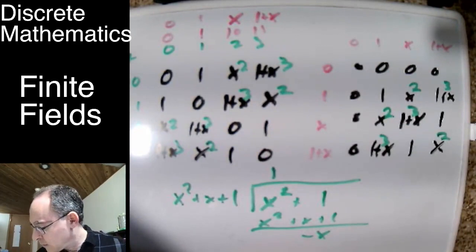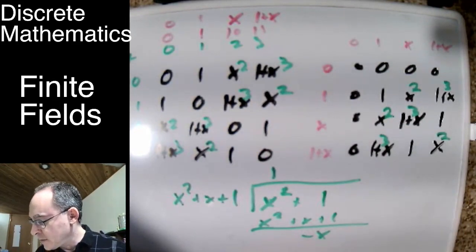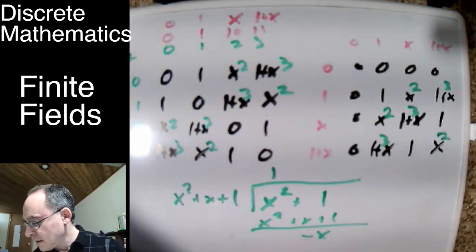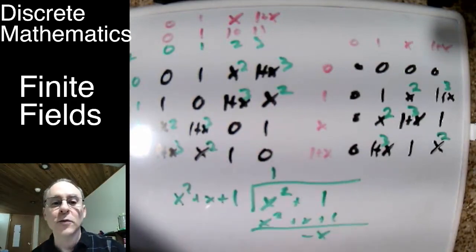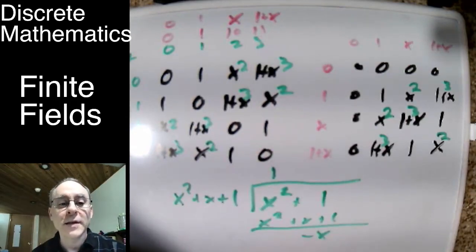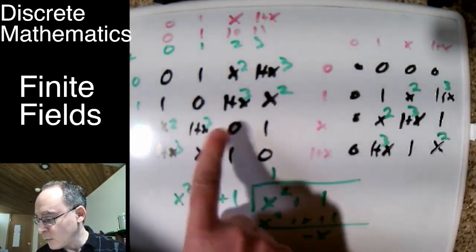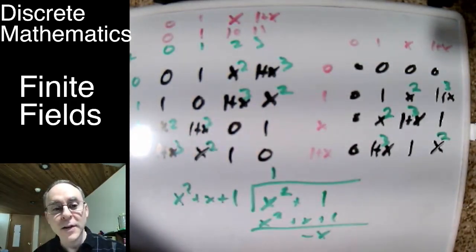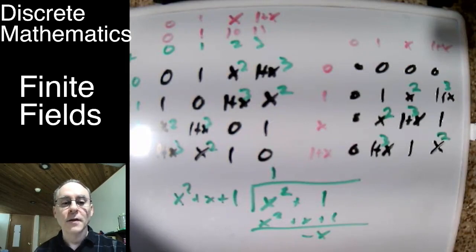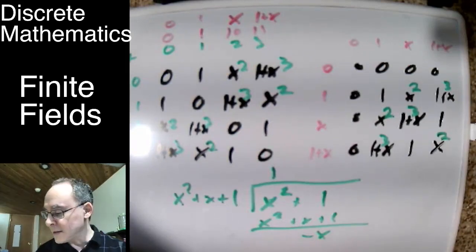But take a look at what we had to do to get that. Over here in our addition table, we didn't really do addition modulo 4. We did basically 2 copies of addition modulo 2. We've seen this table before. This is what we called Z2 cross Z2, the direct product of Z2 with itself.